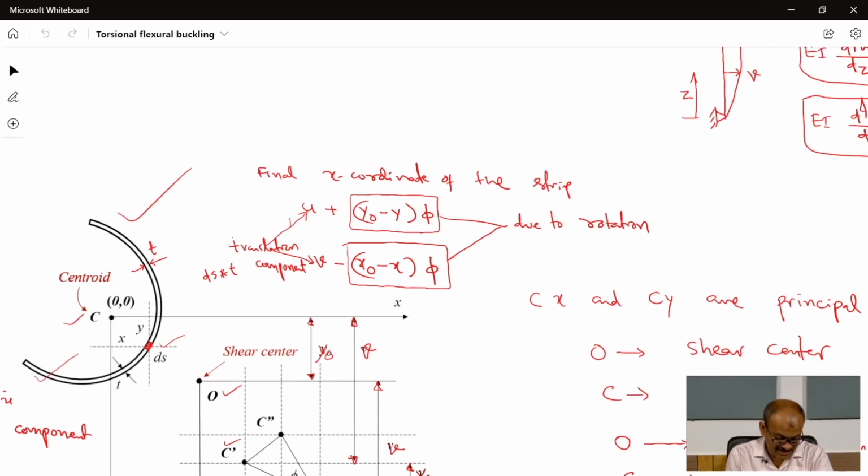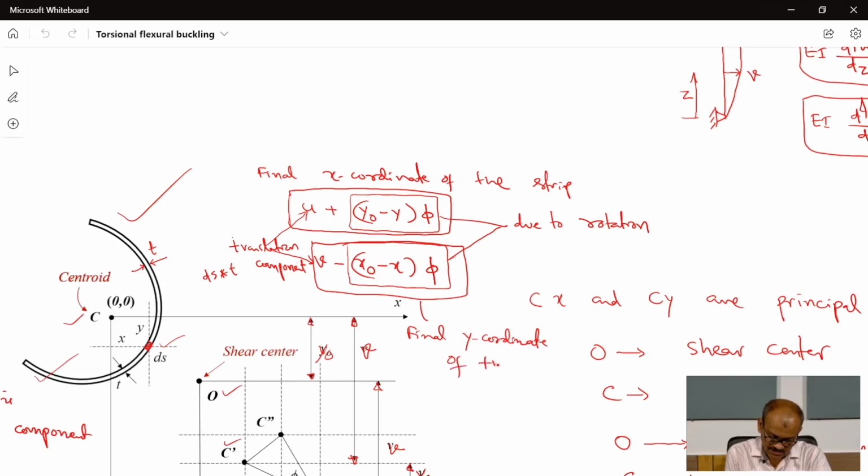In our present discussion, the final x coordinate of the strip is this and the final y coordinate of the strip is this.